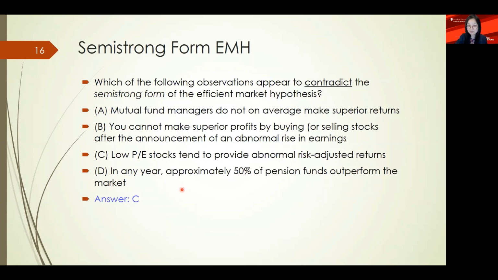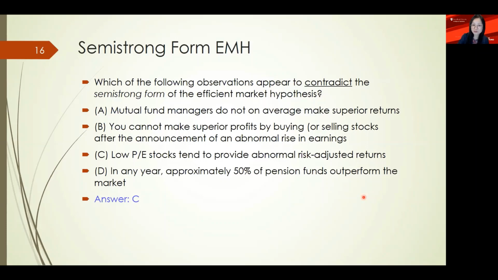Similarly, in D, in any given year, 50% of pension funds and professional investors outperform the market, and the other 50% underperform. This is by random chance. It says nothing about who can make abnormal profits consistently over time. So it says nothing about alpha, so it's not evidence against any form of EMH. So only C is the best answer, okay?